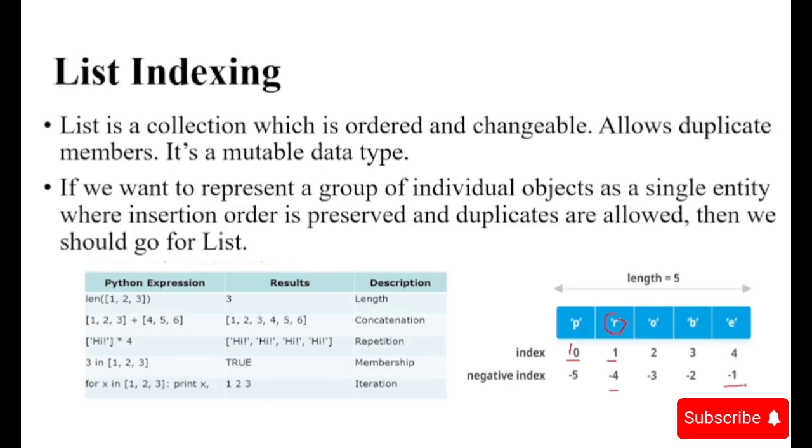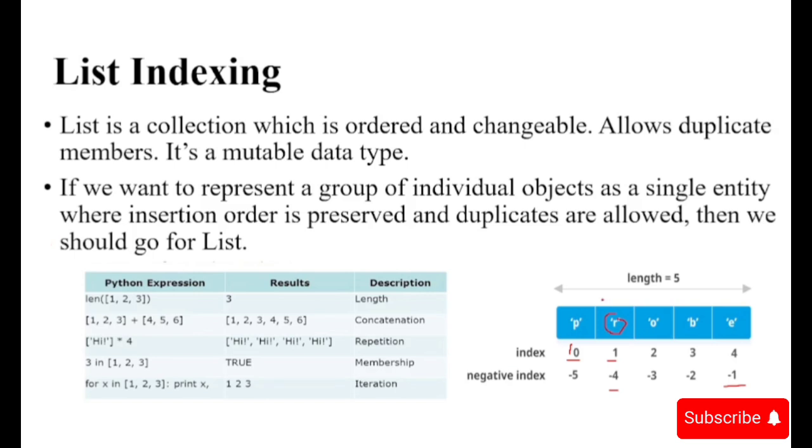So let's see what we have here. A list is a collection which is ordered and changeable. It allows duplicate values, and it is a mutable data type. So what do we mean here? When we talk about allowing duplicates, it means we can have multiple values of a similar type.